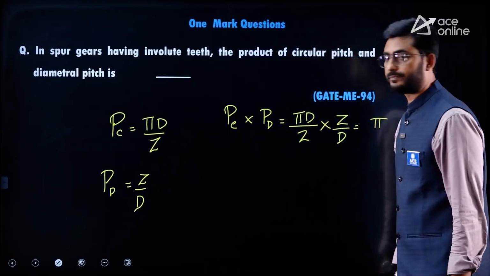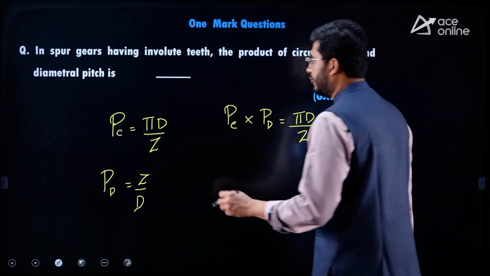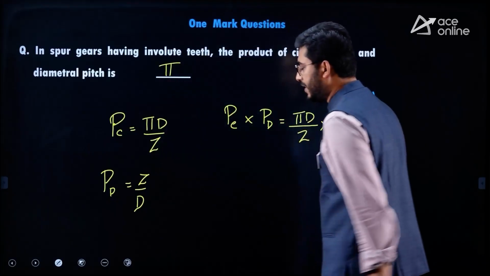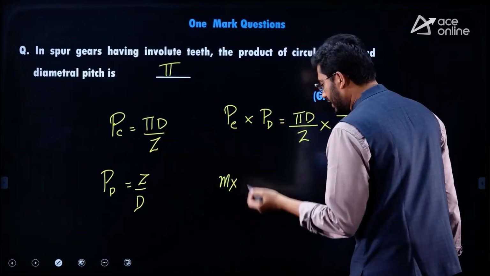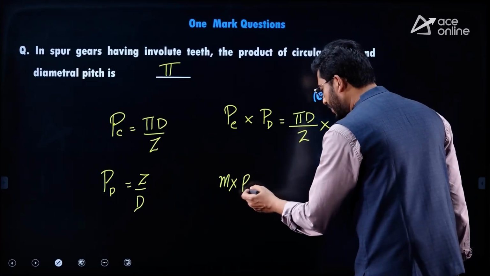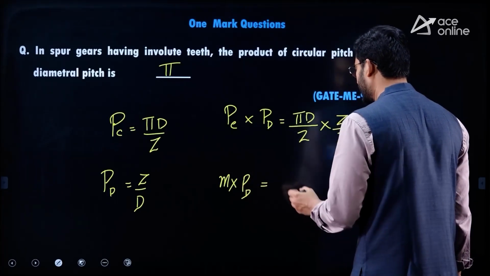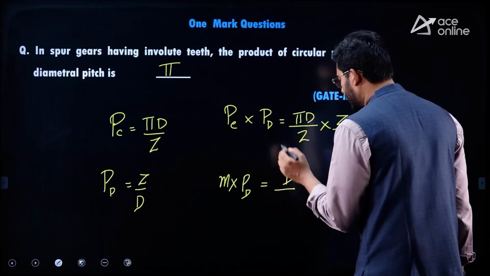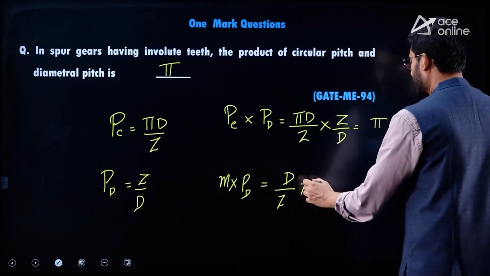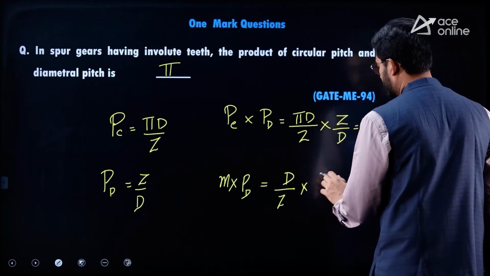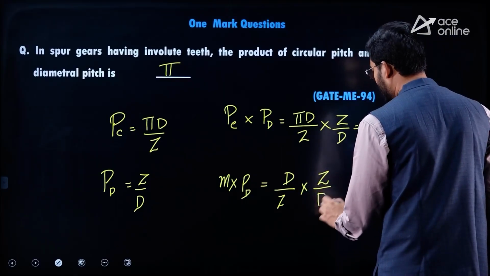Okay. And same way, if we take the multiplication of module, that is M, with diametrical pitch, module is given by the diameter by number of teeth, and diametrical pitch is number of teeth divided by diameter.